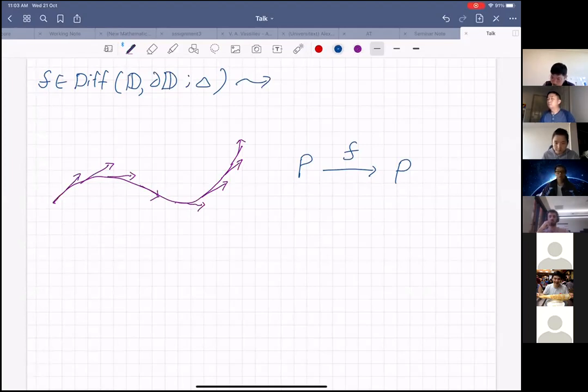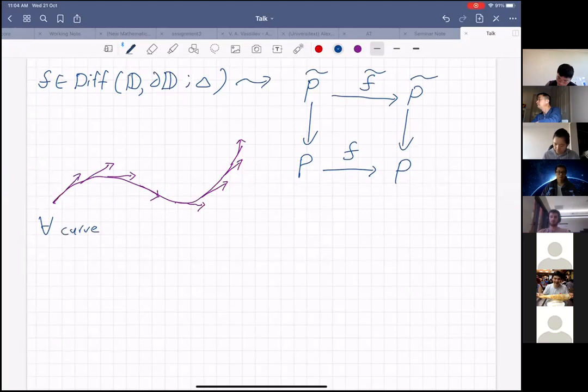And then I also introduce a Z cross Z covering space over P. Because of the fixing boundary property, I can lift to a unique lift. I won't go through the detailed argument here, but from basic algebraic topology, you should see this, using the lifting criterion or something like that.